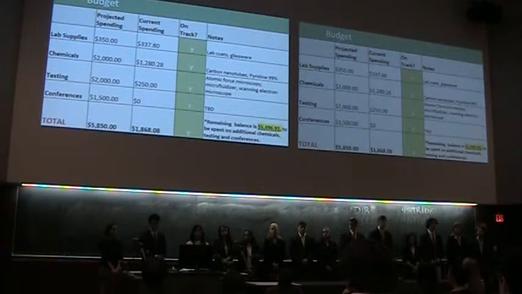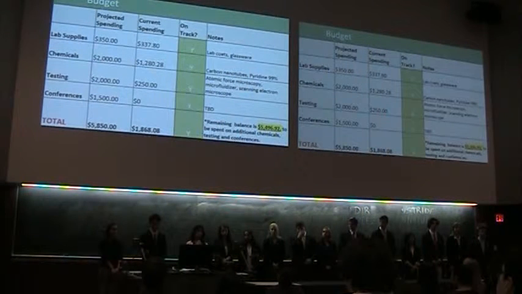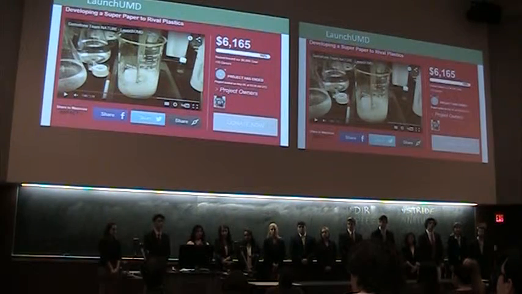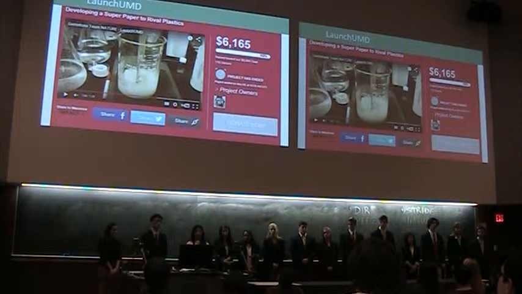As for our monetary expenses, this is our budget. We're well under budget and currently on track for spending. We have obtained our funds for our lab supplies, chemicals, and planned conference through Launch UMD, which I'll touch on in a bit. And our balance remains at a healthy $5,500. So Launch UMD. Here's a snapshot of the end result of our campaign.